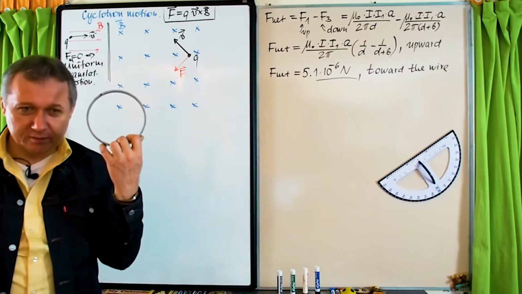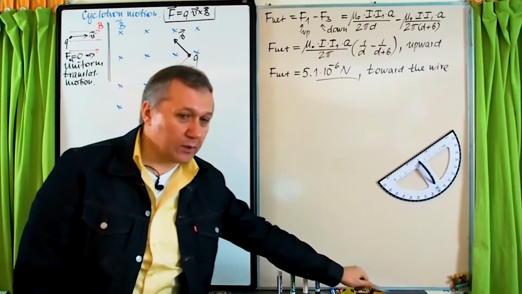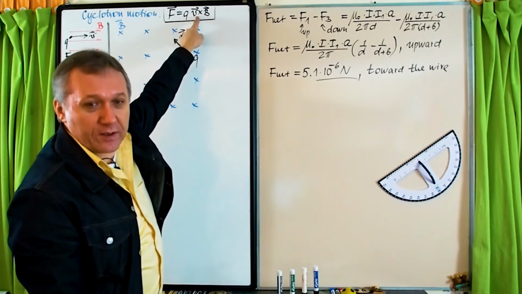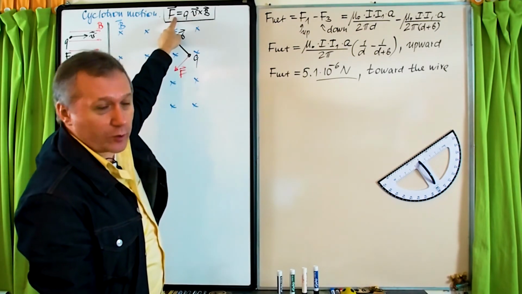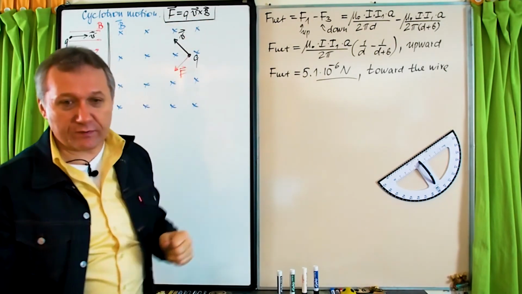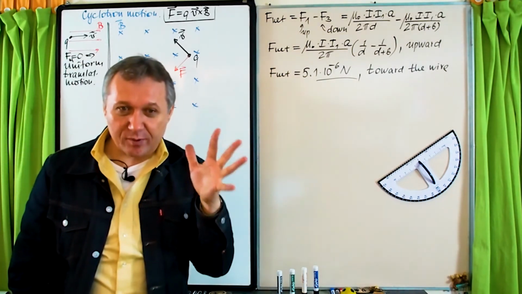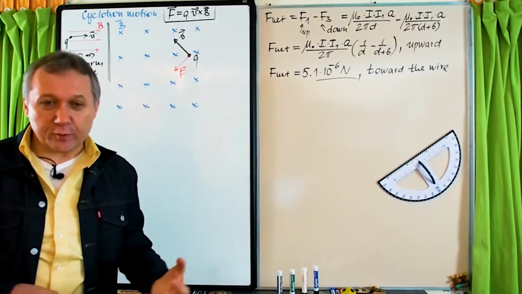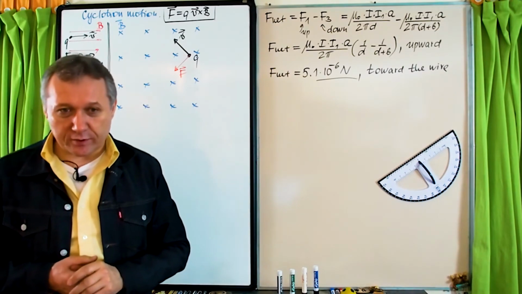When the force acts perpendicular to the direction of motion all the time, you see, the force is perpendicular to v, because you remember the cross product: its direction is perpendicular to both vectors, v and B. So the force all the time keeps changing the direction of the velocity.